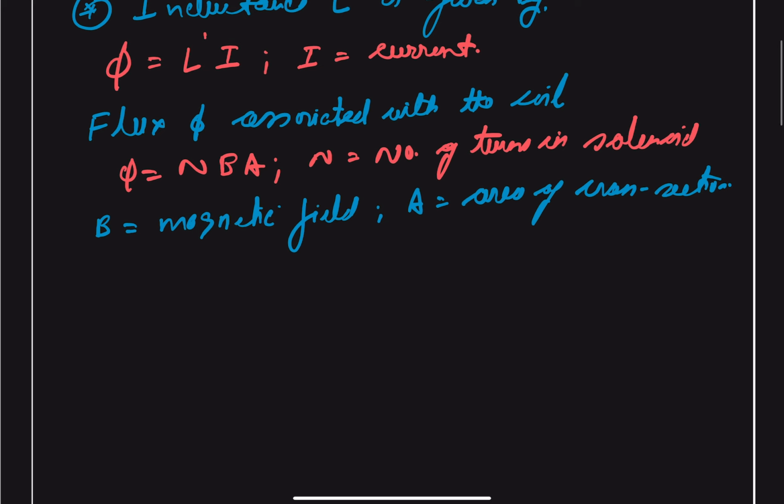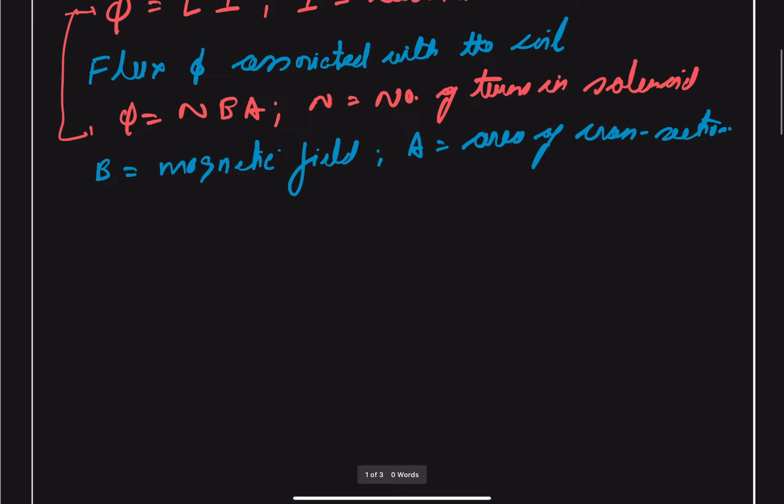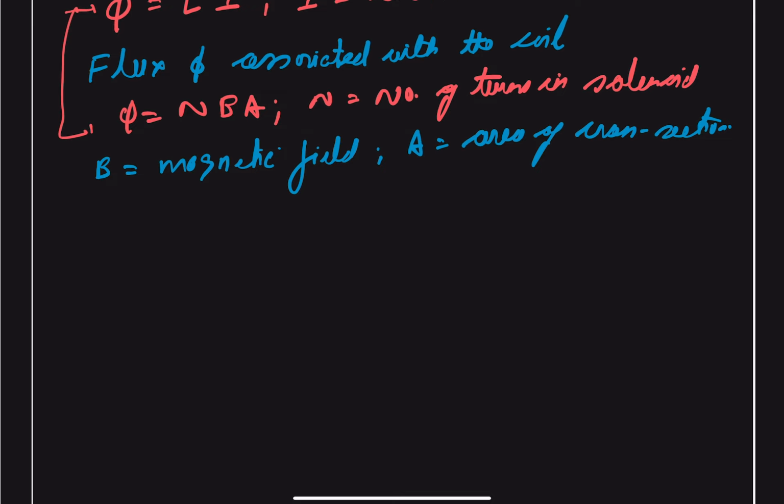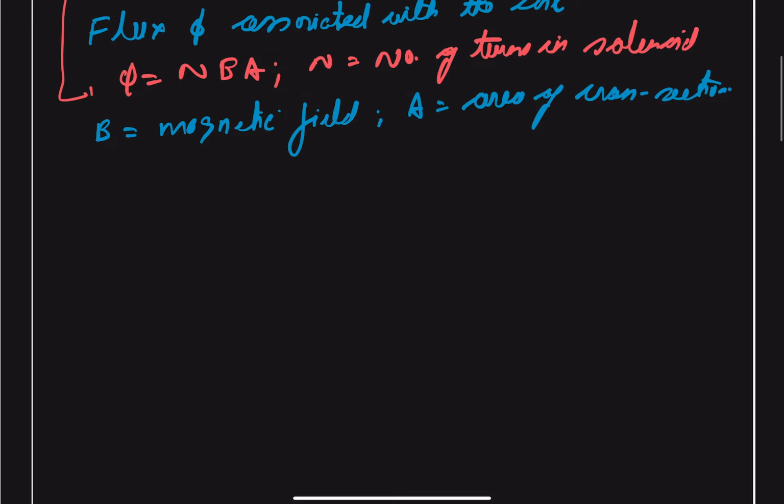So we can equate these two equations. First of all, let us define B. So magnetic field B can be written as mu n I, and we can write our area as pi r square.